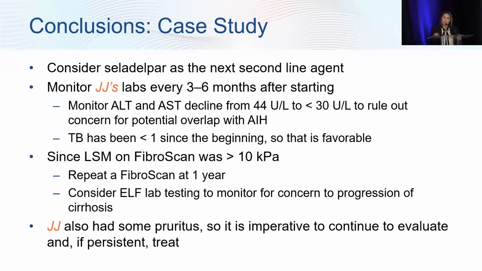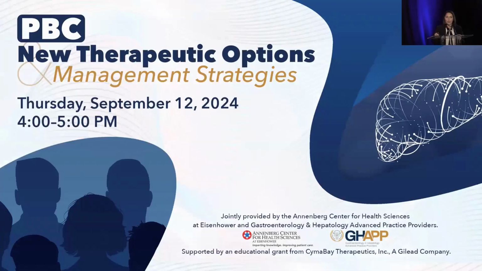And because JJ was identified as having advanced fibrosis from that liver stiffness measurement on FibroScan, that's something you'll want to continue to closely monitor with non-invasive testing every 6 to 12 months. And as JJ had some pruritus, we can stay tuned and see if JJ had an improvement after starting a second-line agent. And Ann is going to tell us more about what else we can do for pruritus in PBC. Thank you.